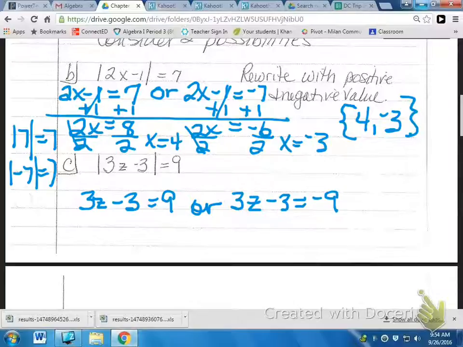Okay, so you have to write that they could be, that in the middle could be 9, or it could be negative 9. We don't know which one it is. It could be either one.